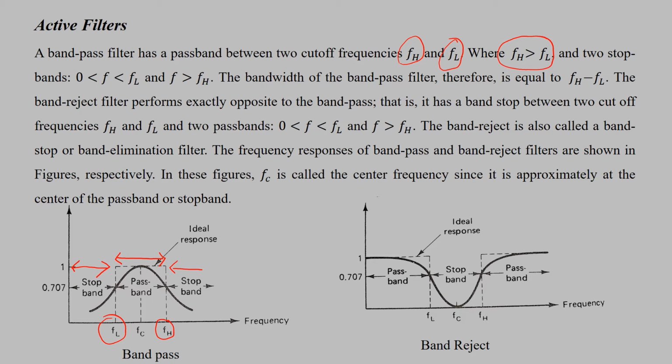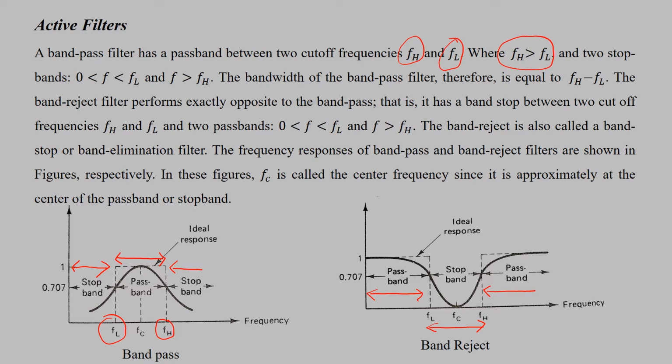So the band reject filter performs exactly the opposite of this band pass filter, that is, it has a band stop between FL and FH and pass band from 0 to FL and above FH.